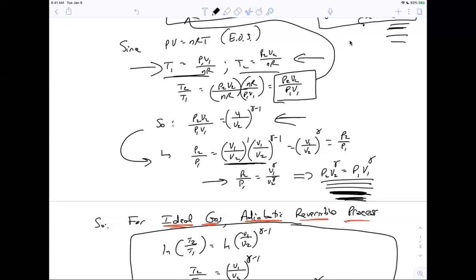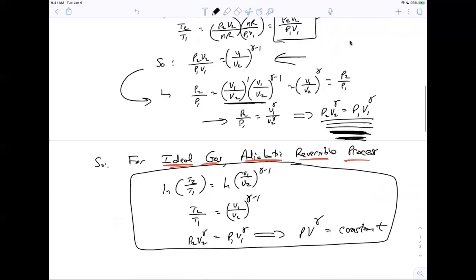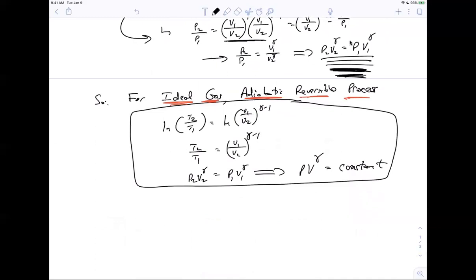And since we have initial state parameters equal to final state parameters, it shows us that something is conserved. And what this indicates is that the pressure times the volume, with only the volume raised to the gamma, is equal to a constant. Okay, so P times V, where only V is raised to this gamma parameter, is equal to a constant, only for a process where you have a fluid that's modeled as an ideal gas, and the process is adiabatic and reversible.